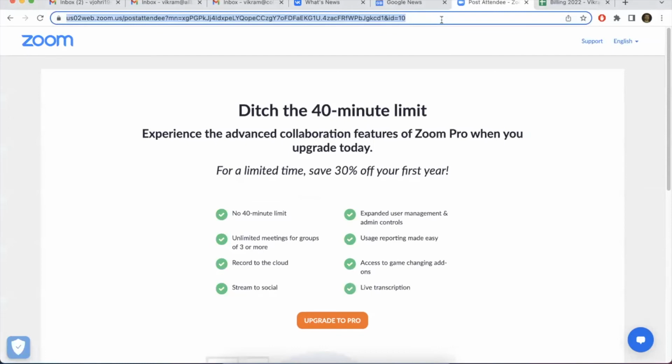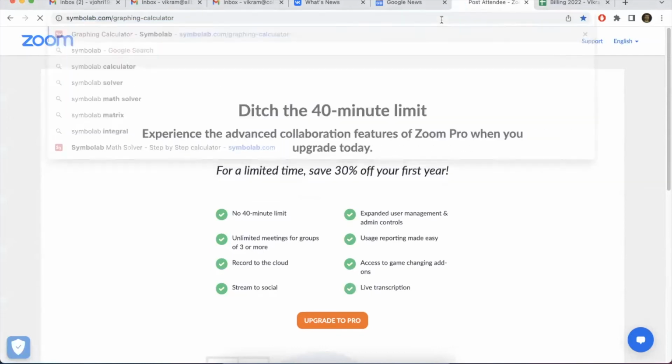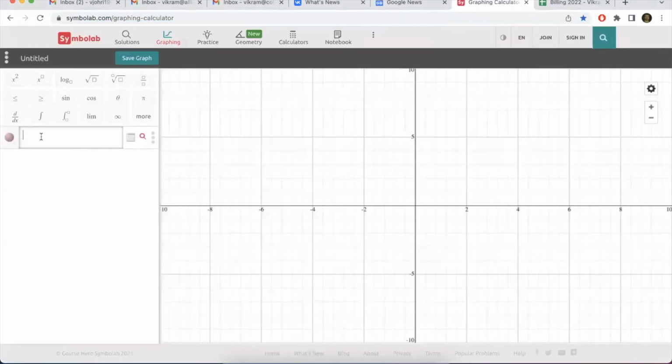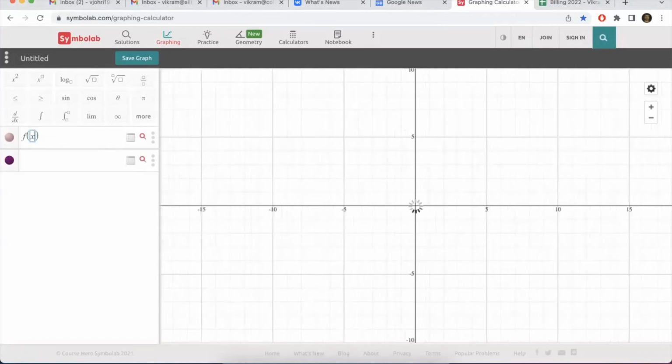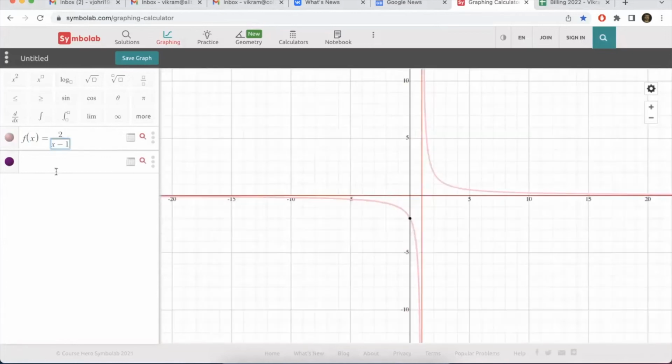So f(x) is 2 divided by x minus 1. Yeah, so there is an asymptote at x equal to 1. And right, okay, so let's look at the options.